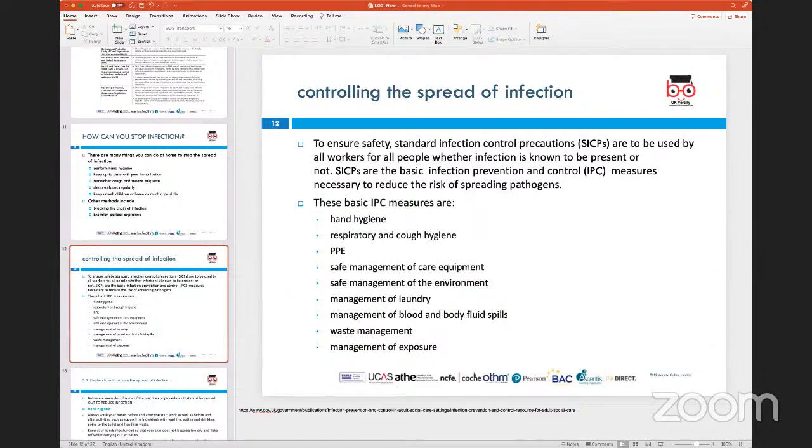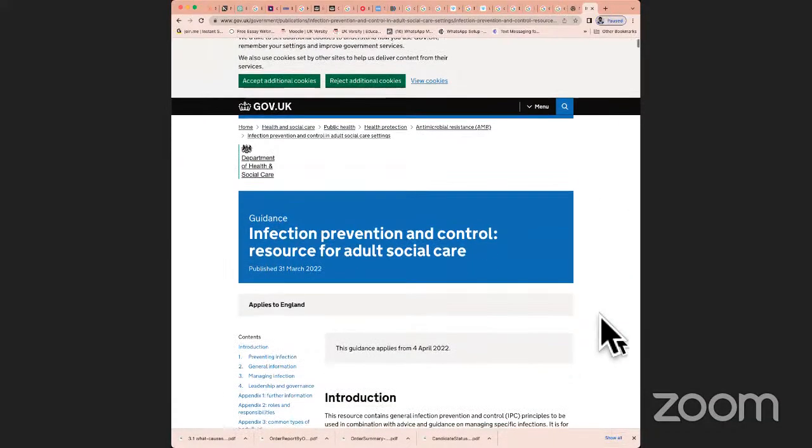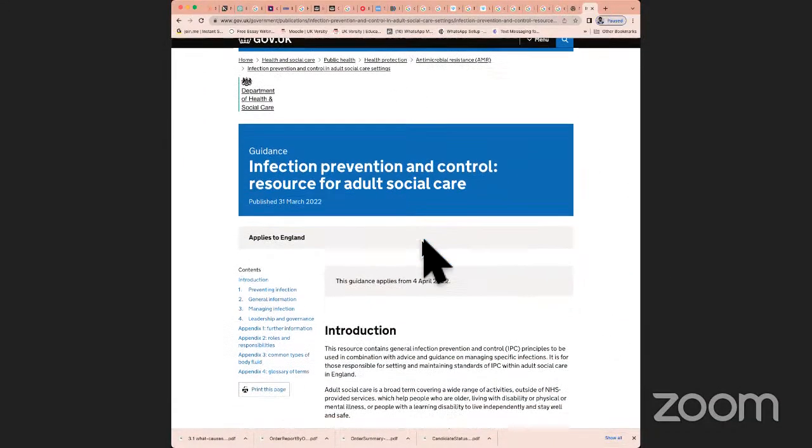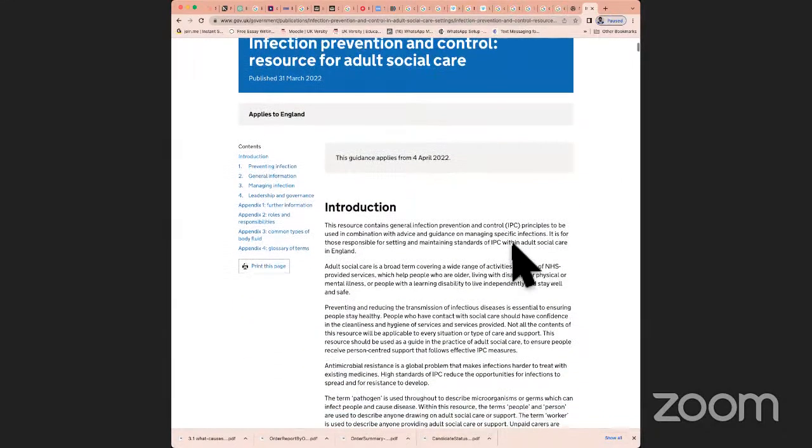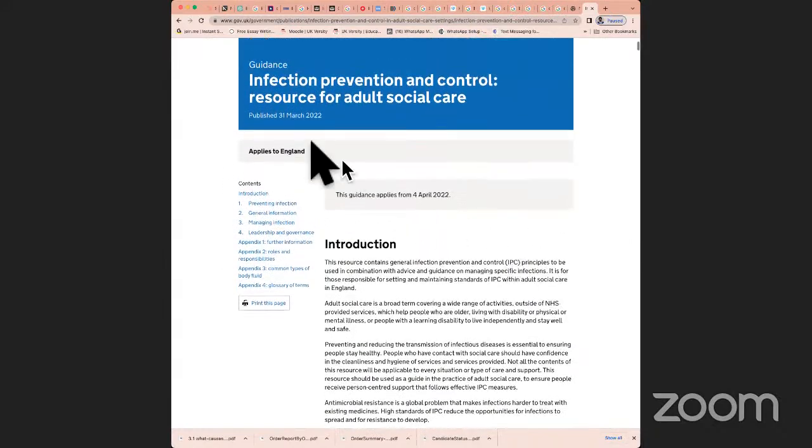You can read in more detail on the .gov website, which gives you a detailed idea of how the government creates guidelines and looks at preventing the spread of diseases in public places or high traffic areas. This report was published and updated on 31st March last year.